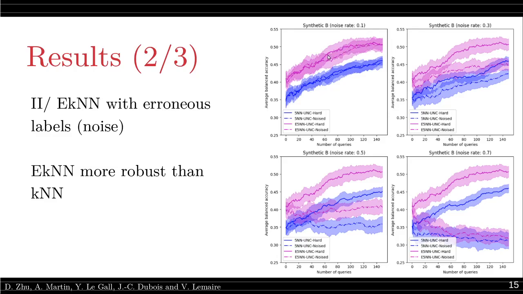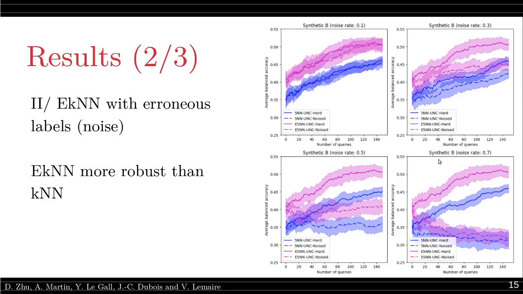I mean that every label is correct, and the dotted curves represent the data which have been mislabeled. And we denote by noise rate the proportion of learned data which have been mislabeled. For example, a noise rate of 0.1 means that 10% of the training data have been mislabeled, and so on.